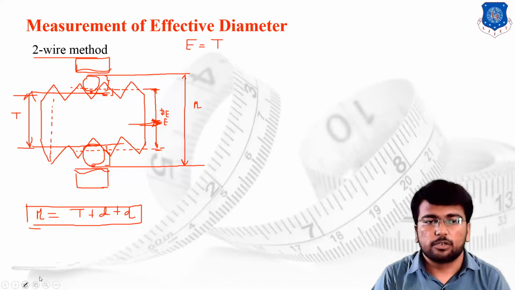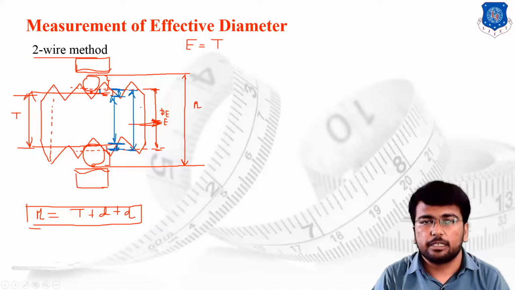Let me change the color of the pen. This particular distance, and in the same way here, this particular distance, is the something. If I complete the total length, then the total effective diameter E is equal to T plus something over here plus something over here.